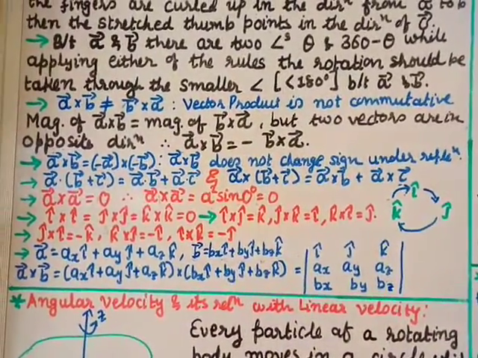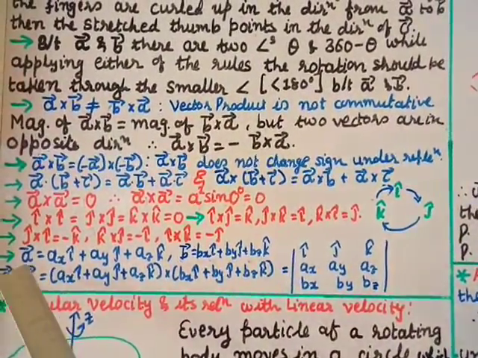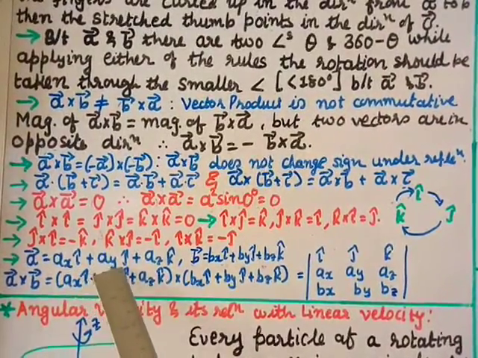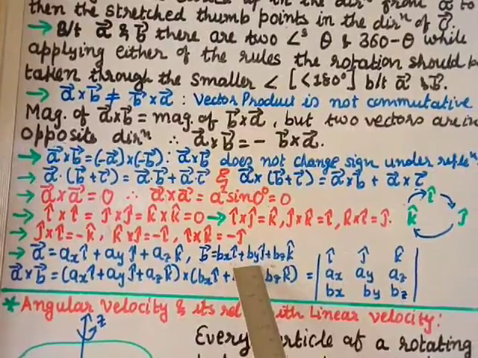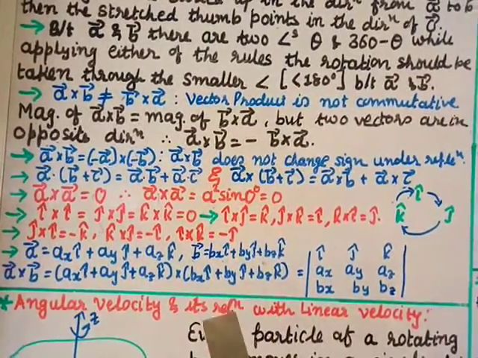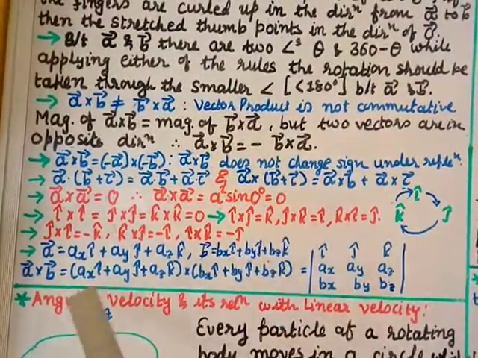Using this we can define, if you are given two vectors, a as ax I cap plus ay j cap plus az k cap, and b equal to bx I cap plus by j cap plus bz k cap, then using this result we can find a cross b.